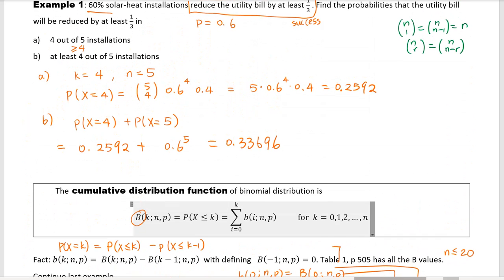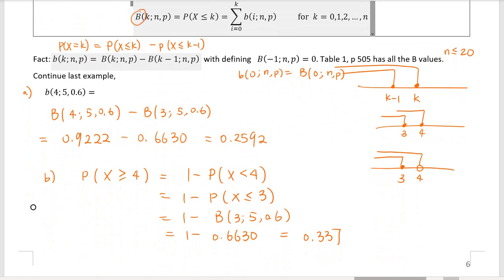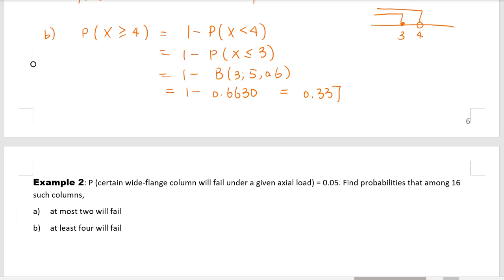And I did the same. Yes, close. So these are the two different ways we can compute binomial distributions, with the PMF or the CDF. All right, let's continue.